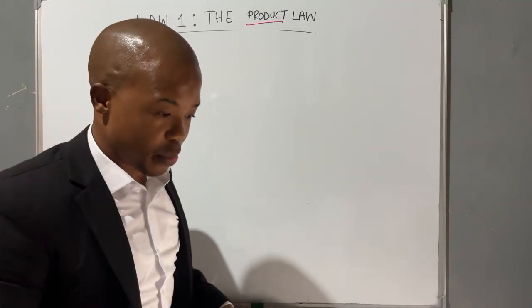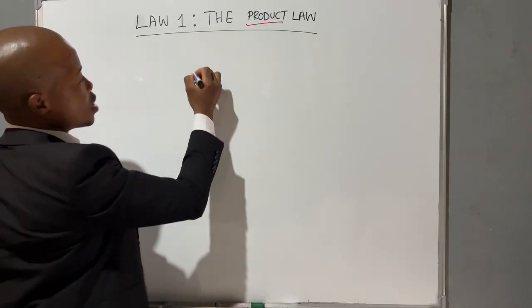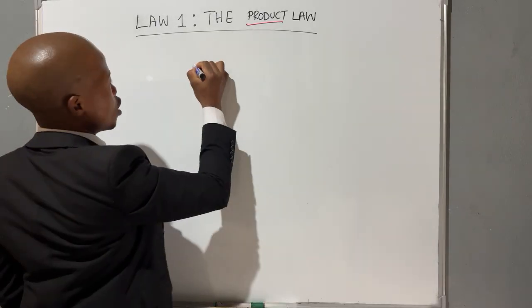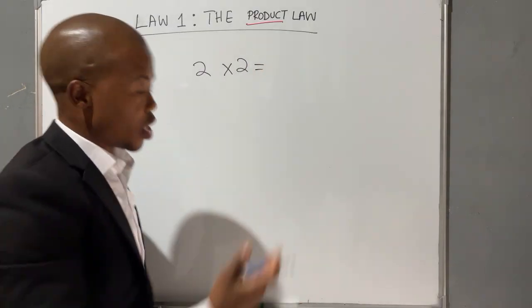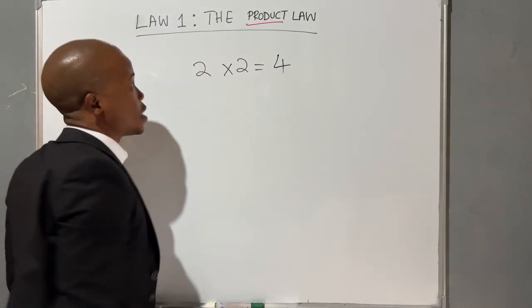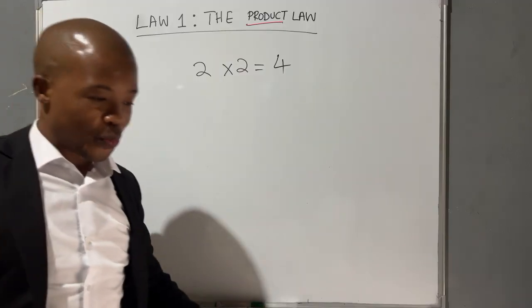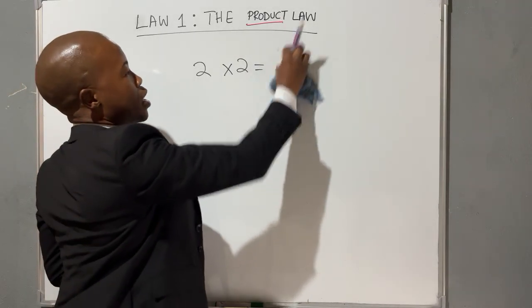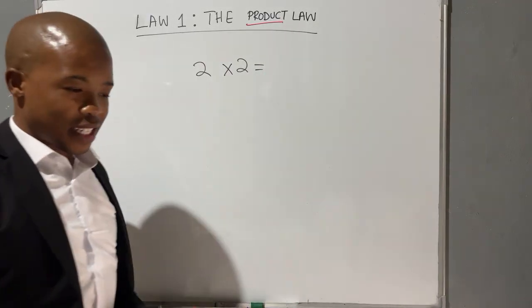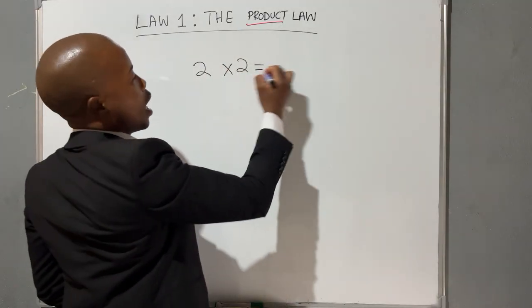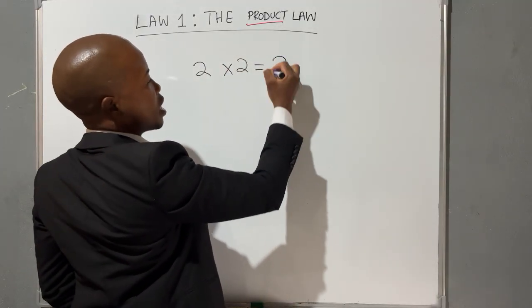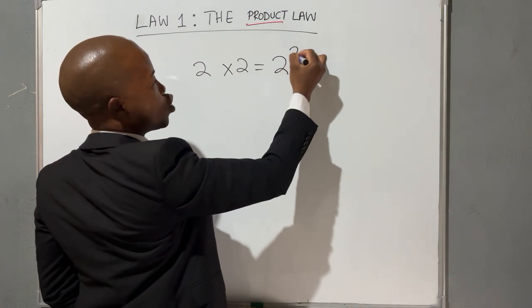Now, let's do an example, especially with the 2 we're looking at. If we have 2 times 2, usually you can just write 4. But according to this law, we can write this product in a different way. We can say it is 2 multiplying itself how many times? 2 times.